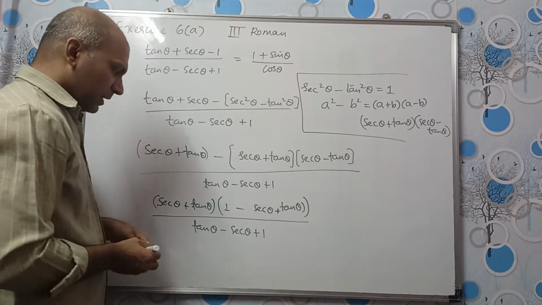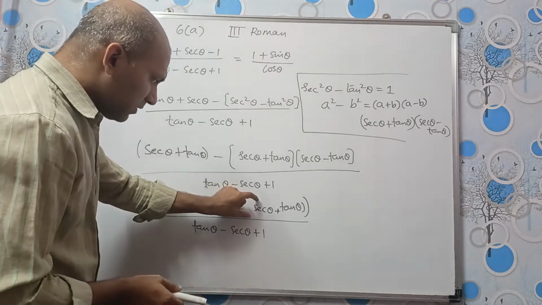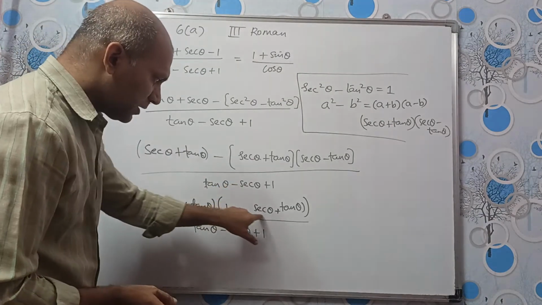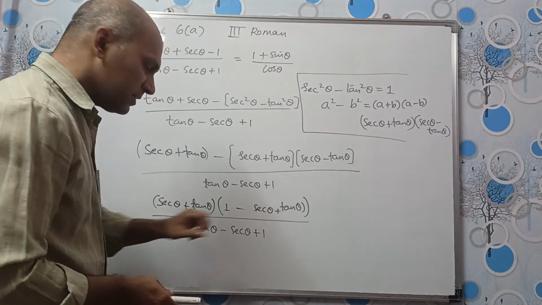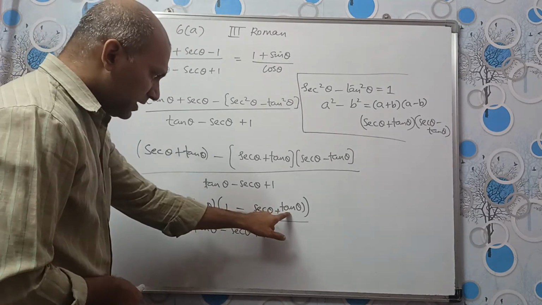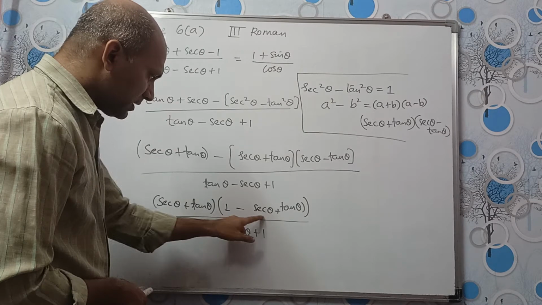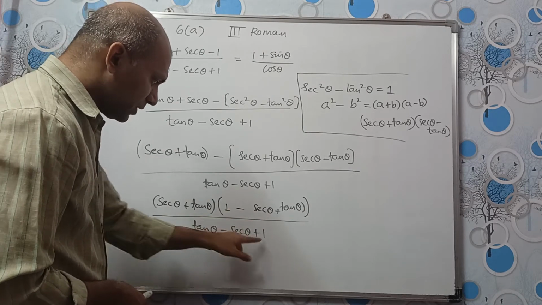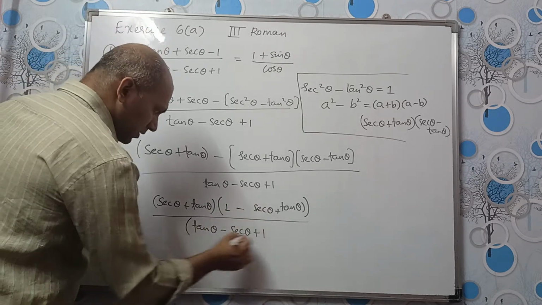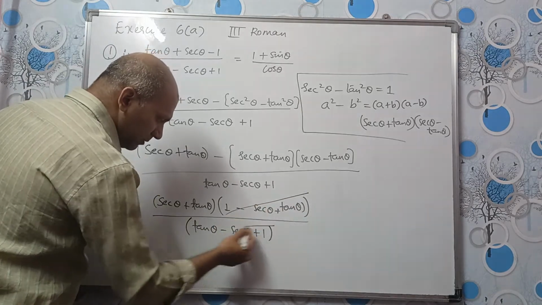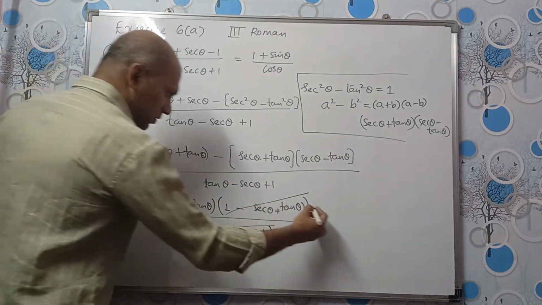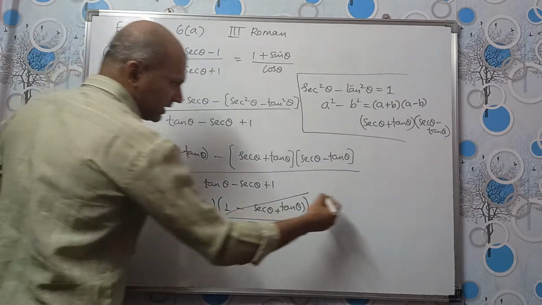Okay, right? Now if you observe carefully, this part of the numerator and this denominator are the same. See, we have tan theta minus secant theta plus 1, and 1. Okay, so we can cancel this whole term and this whole term. So finally what do we have? Secant plus tan.